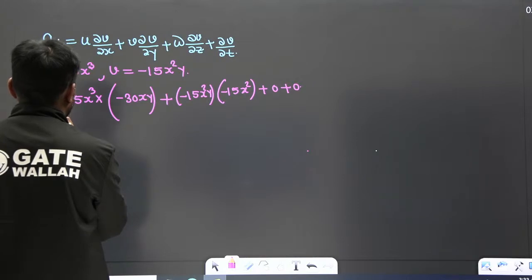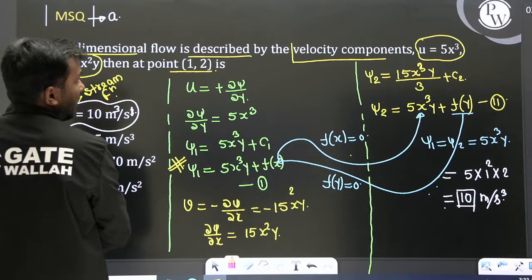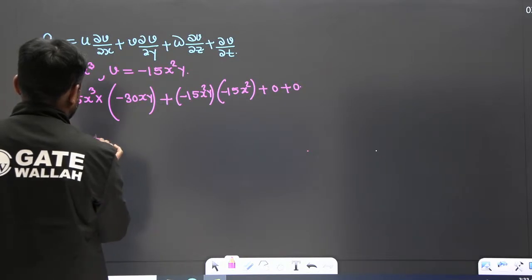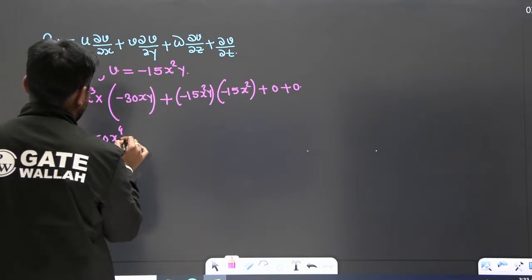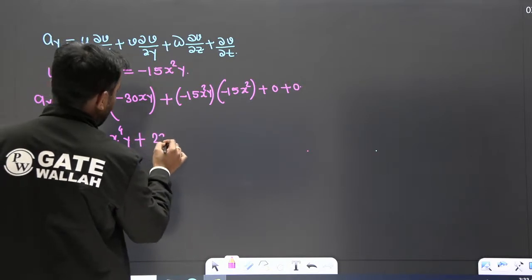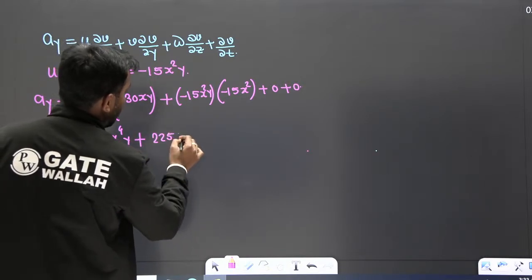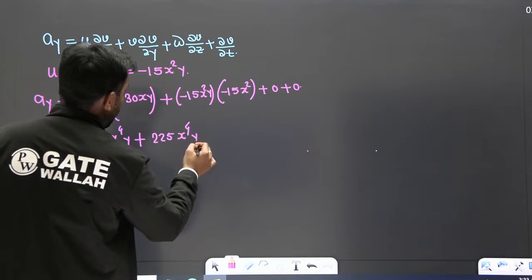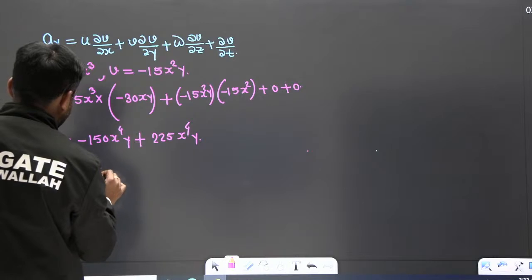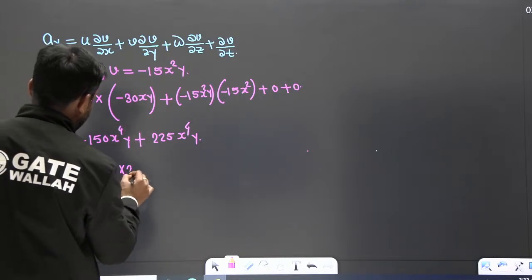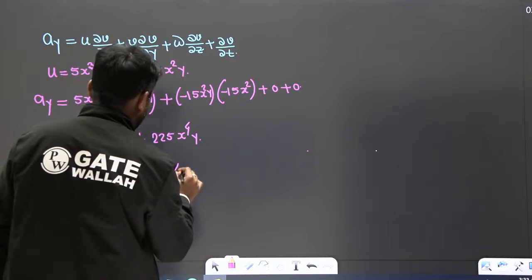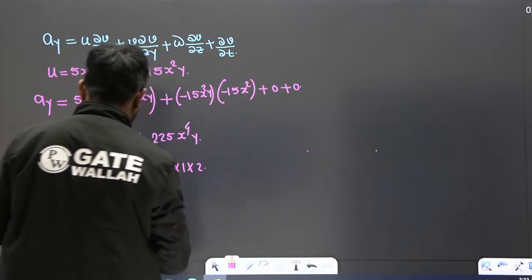I think I made a mistake. 5x cube times minus 30xy is minus 150 x to the power 4 y, plus 225 x to the power 4 y. So minus 150 multiplied by 1 multiplied by 2 plus 225 multiplied by 1 multiplied by 2.